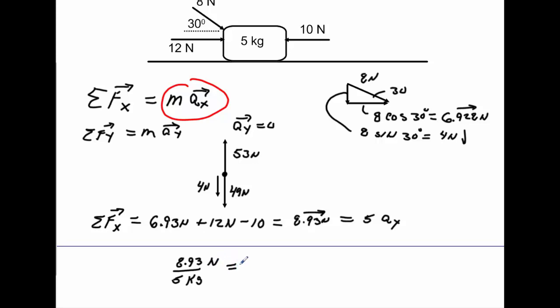When we do that, 8.93 divided by 5 gives me an acceleration going to the right of a value of 1.79 meters per second squared, rounded a little bit. Again, that's a vector quantity and it's going this direction.